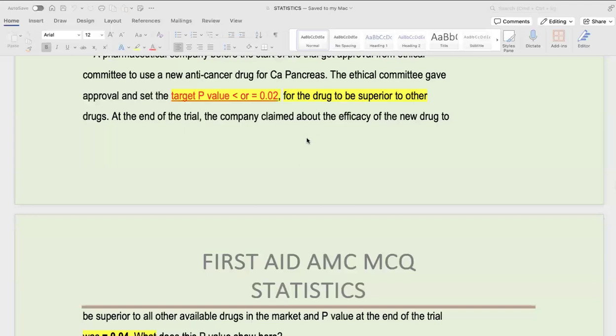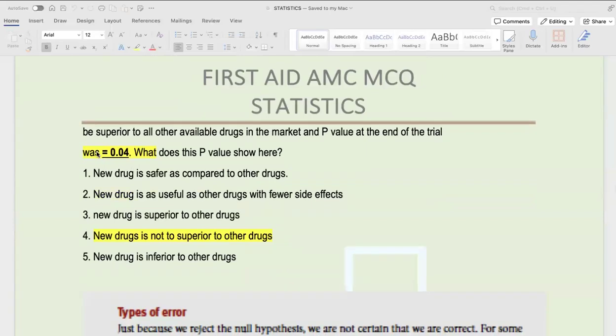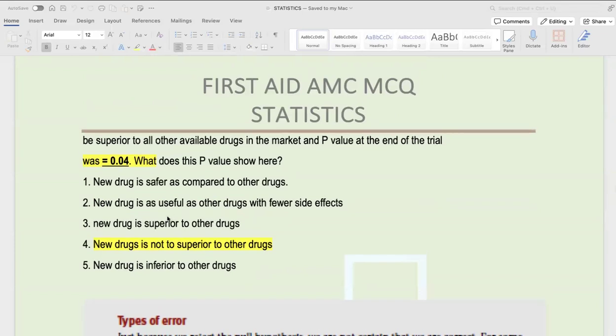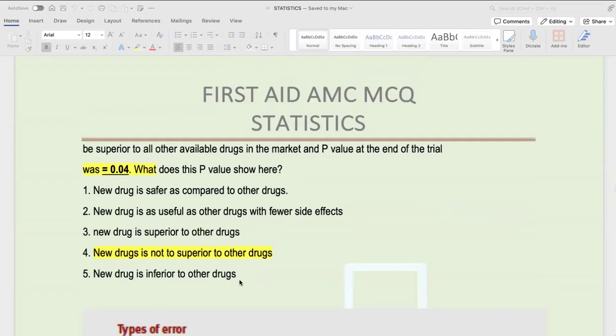Now it is claiming that yes, it is efficacious or it is effective medication, but it did not fulfill the ethics committee p-value. What does it mean? It means new drug is safer, new drug is as useful as other drug, new drug is superior, definitely not because it did not satisfy the p-value. New drug is not superior, new drug is inferior.